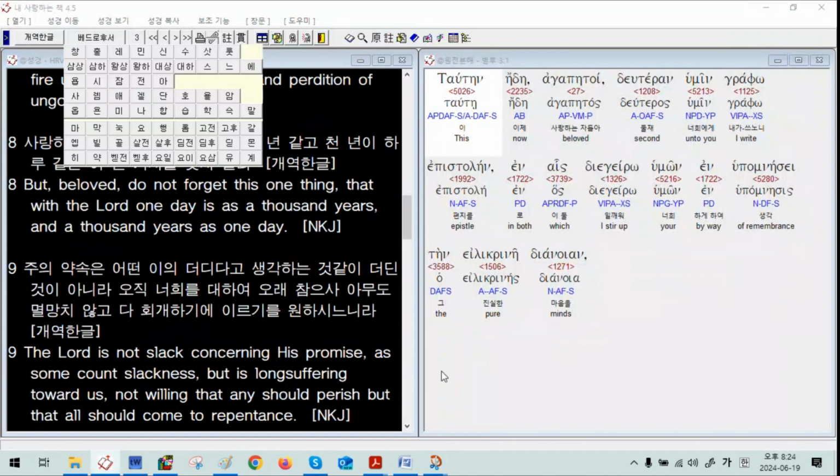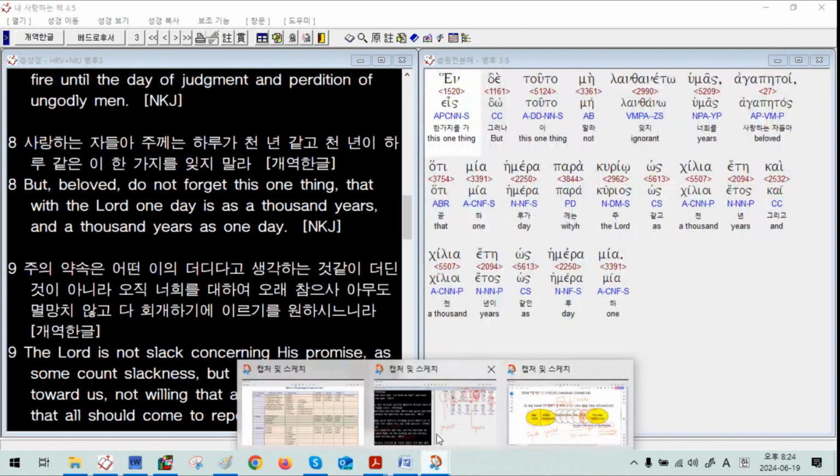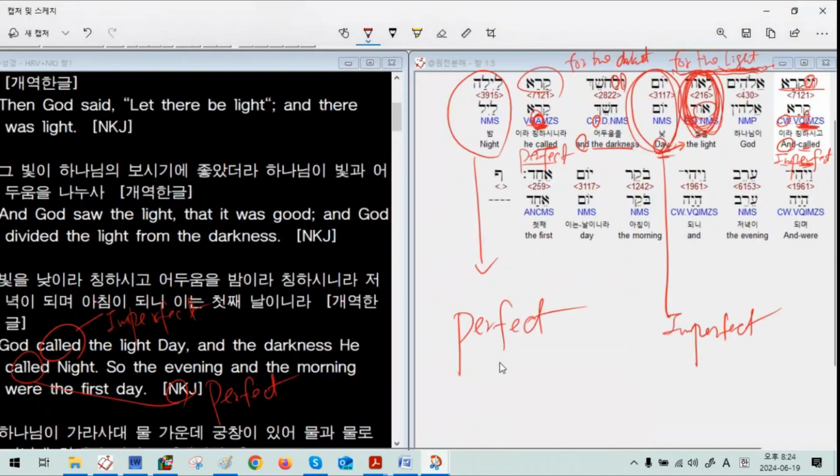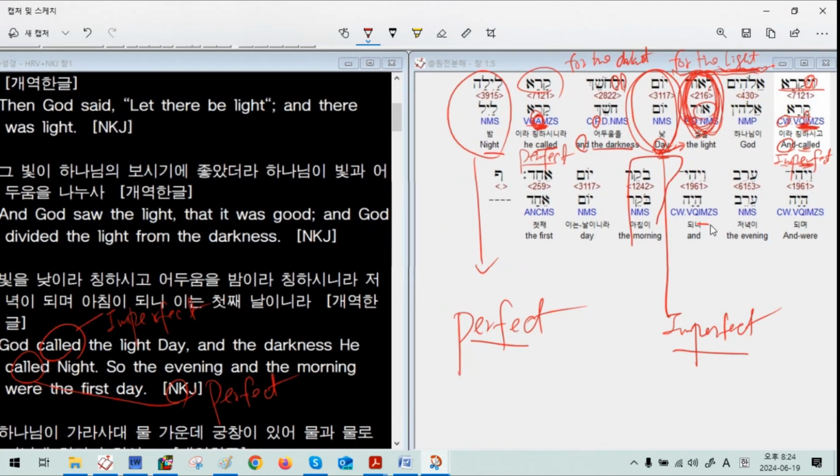So go back to our Genesis chapter 1 verse 5. So in my beginning, the night is the perfect status. The day is the imperfect status. Then morning begins, evening begins, right?